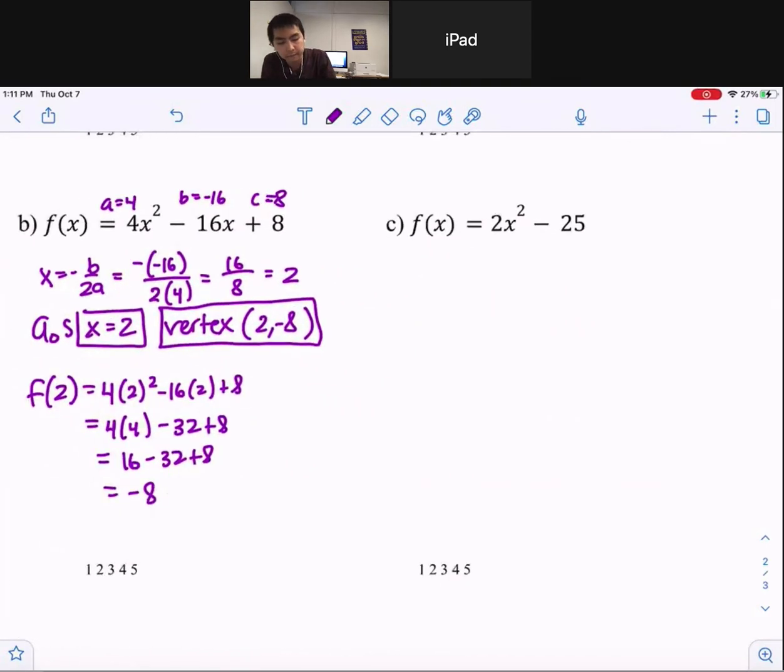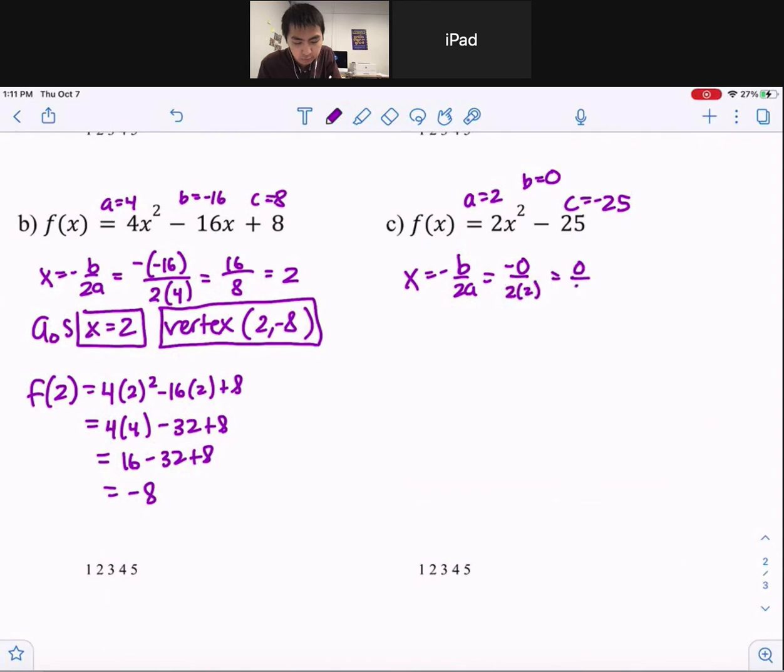Okay, C. Again, x equals negative b over 2a. Your a value is 2. You don't have a b value, and your c value is negative 25. Again, your b value is 0 because you do not have an x term. So plug a and b in. Negative 0 over 2 times your a value, which is 2.